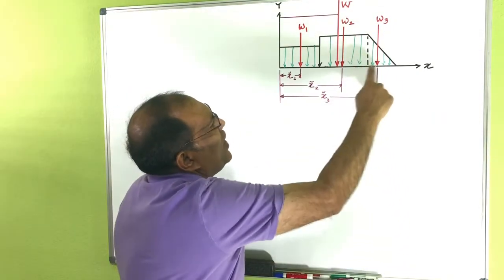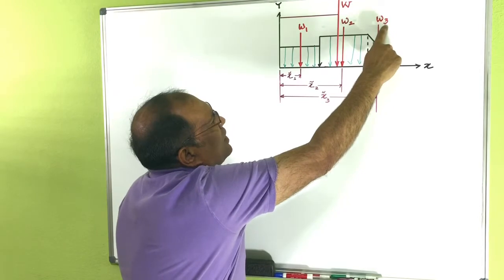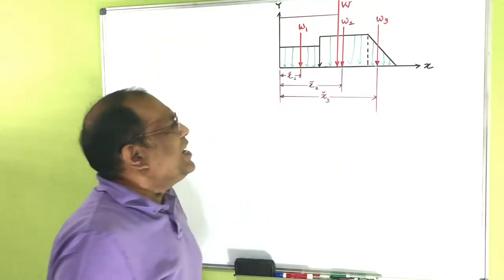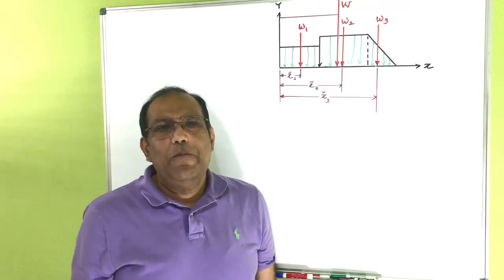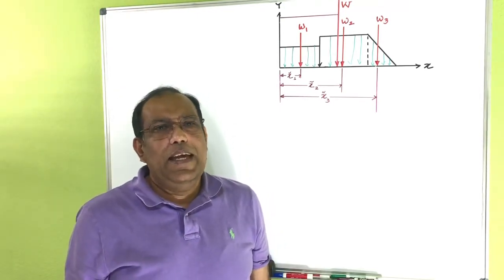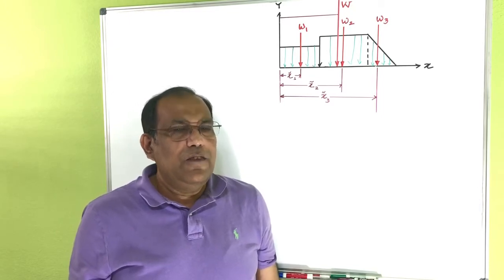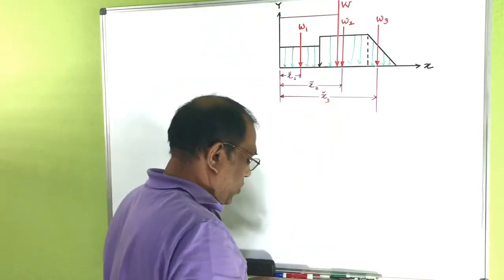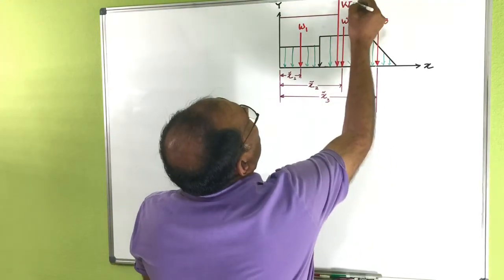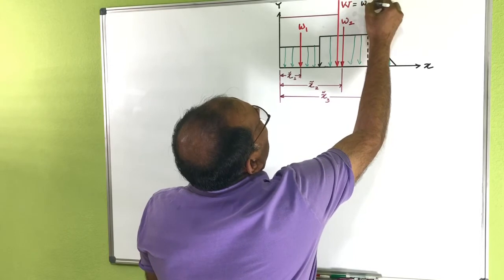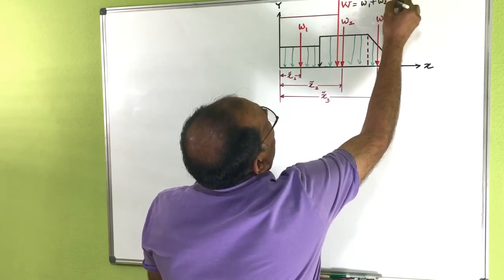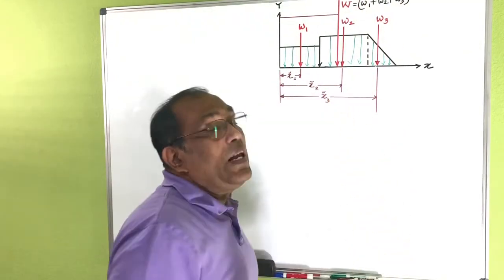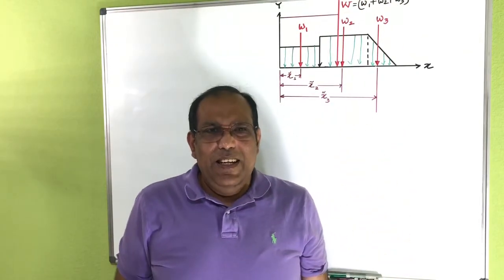Similarly, this is a triangular loading, and the weight of this one is W3, working at a distance x squiggly 3 from there. Now if I ask what's the total or resultant force working here, that's W, which is W1 plus W2 plus W3, because all of them are parallel forces working downward.